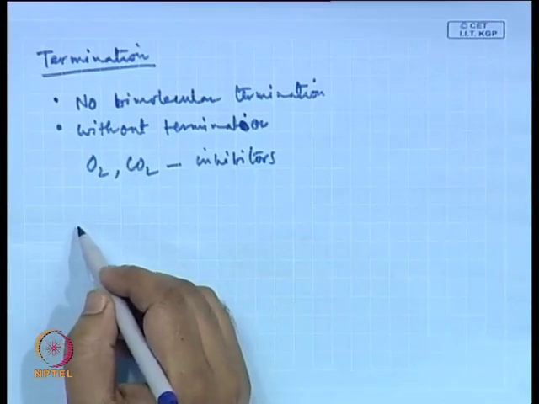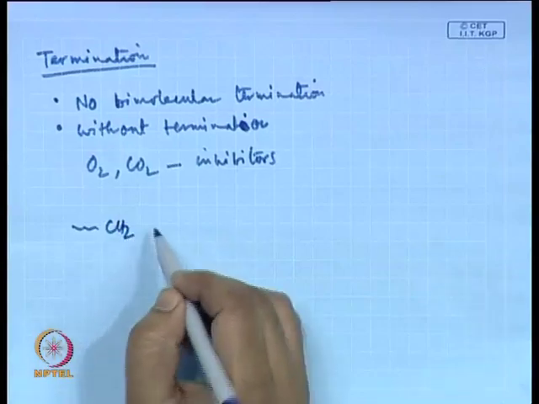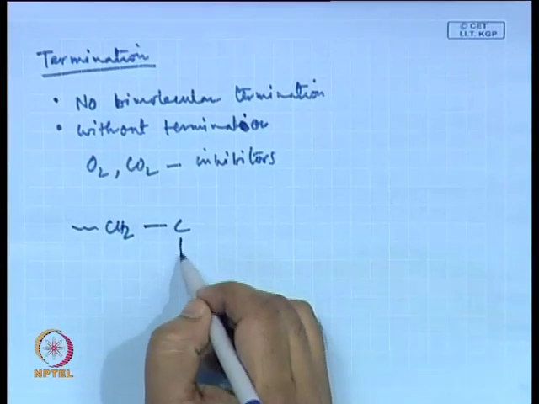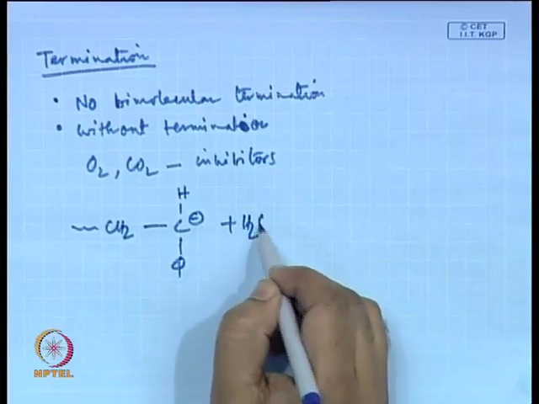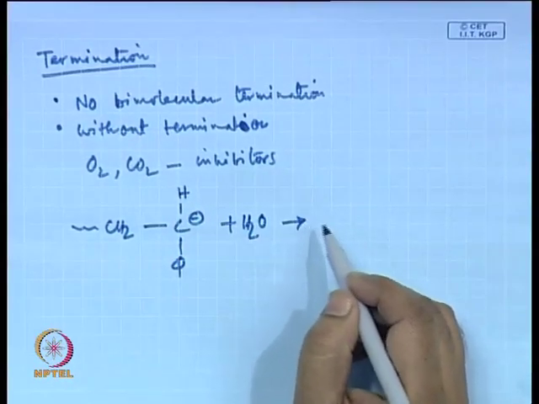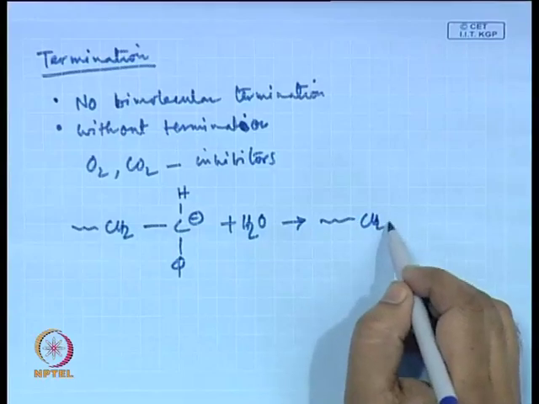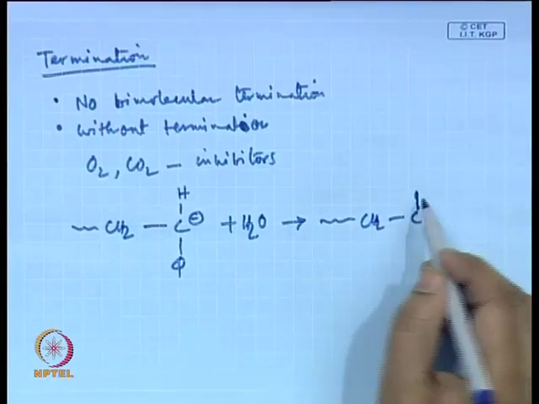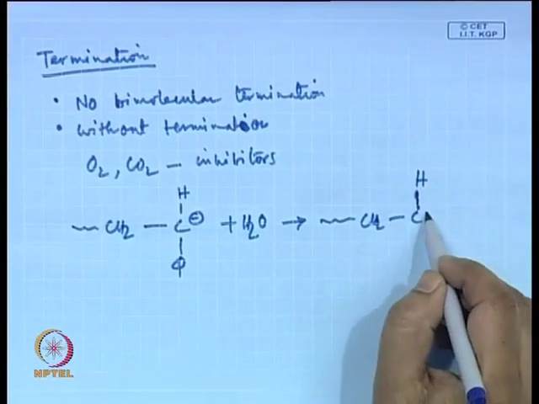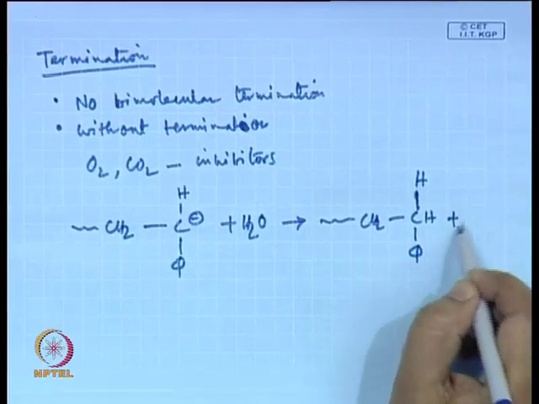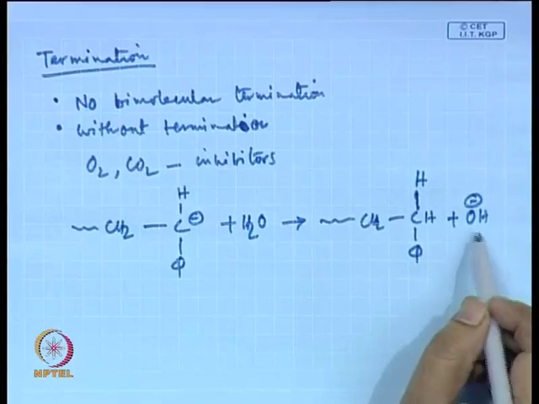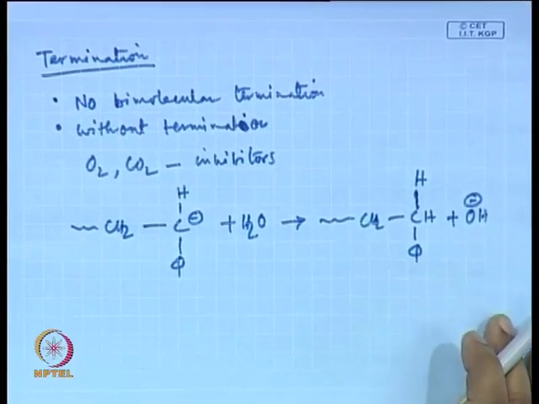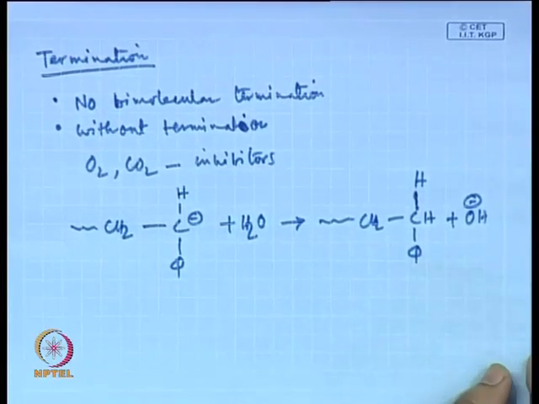For example, if we add water to a polystyrene anion, this chain gets terminated and you get OH minus, which is a very weak nucleophile. So, it cannot further initiate an anionic chain. So, the reaction actually gets terminated in these steps.